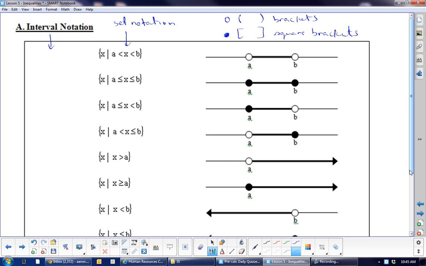So you can see A and B, it is greater than A, but less than B. So all we do is write A, comma, B. Okay, as opposed to the next one that says, hey, let's include A and B, so we're going to use square brackets.